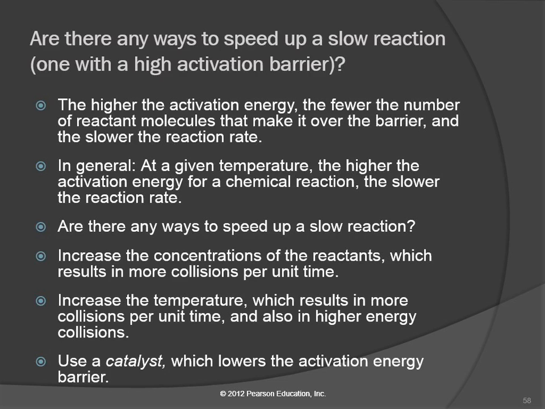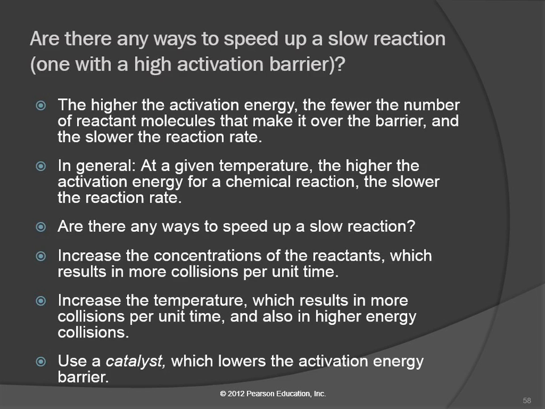So if you have a reaction with a high activation energy, that hump is really high, it's harder to get the ball over a high hump when you're playing miniature golf, right? It's going to take you longer. If the activation energy is high, the reaction is going to be slower. How could we speed up the rate of the reaction?